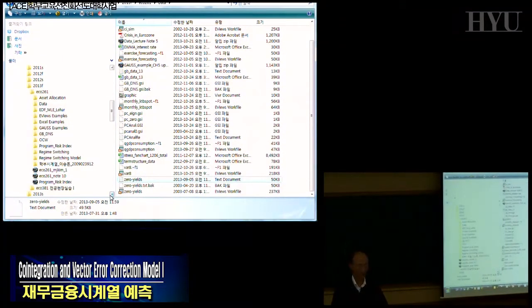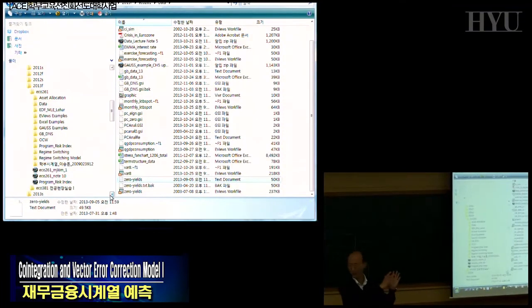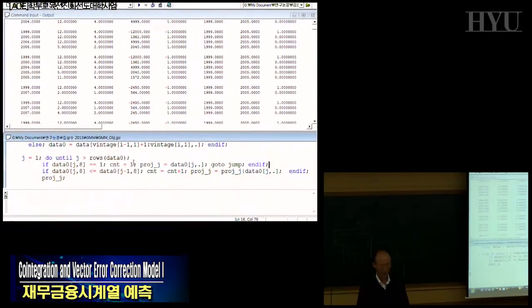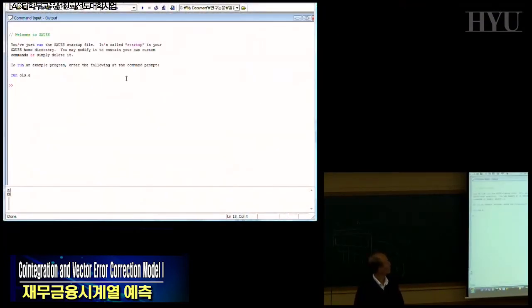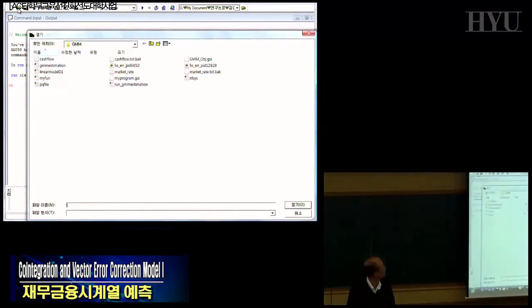If everything fails, if you can't find any alternative, then you have to go to the drawing board and start writing your program. Okay? We often forget. Okay. Go back to this one again. Well, if I start this Gauss, and usually if you want to open a file, right? So open.